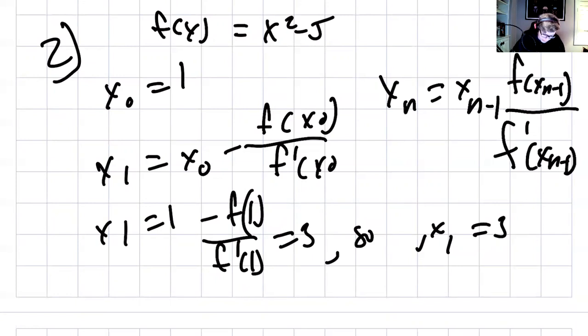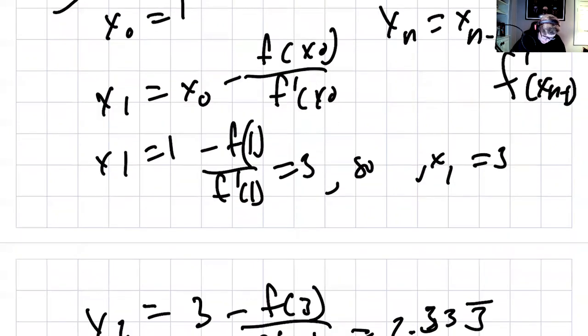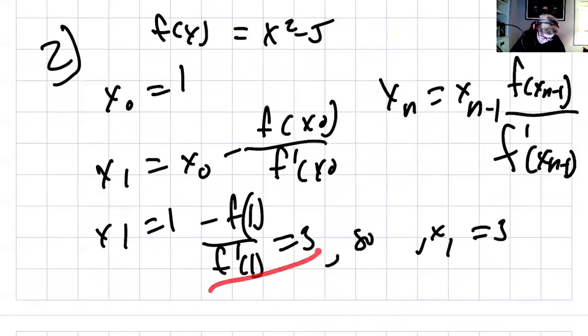So what I did on this one is x1 is equal to x0 minus f of x0 over f prime of x0. So our x0 is 1, so we have 1 minus f(1) over f prime(1). If you plug that in, you've got 1 squared minus 5 and so forth. Move all the way down, you've got 3. So our x1 is going to be equal to 3.